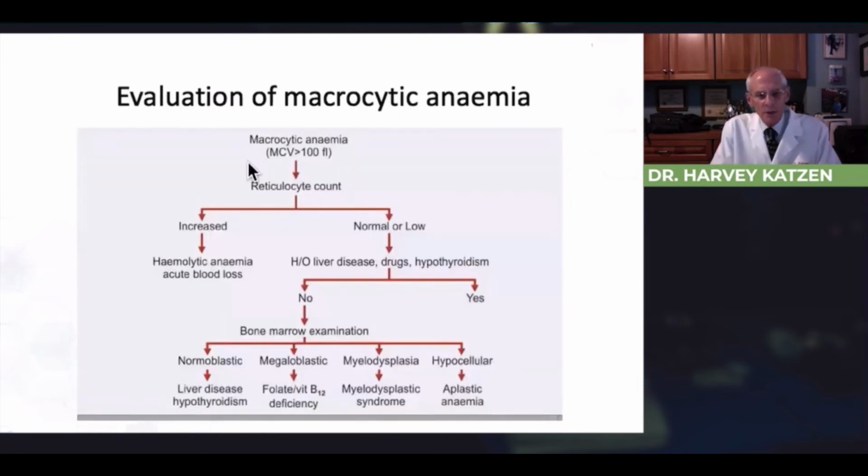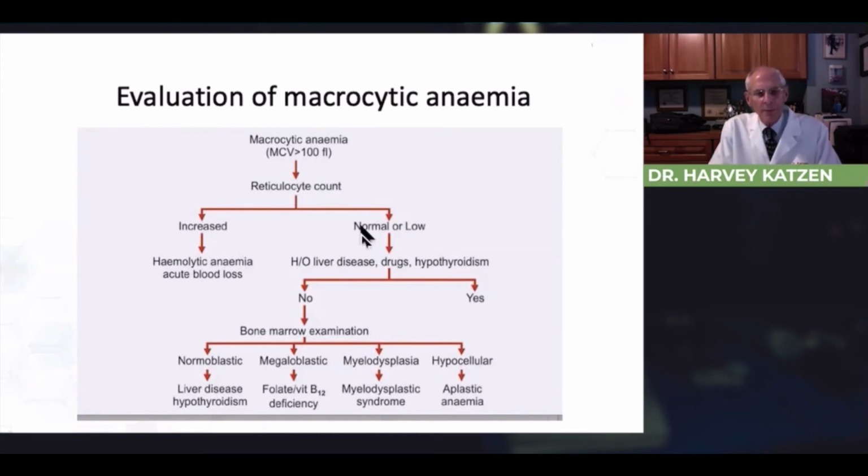So when we see a macrocytic anemia, we want to know, are you making a lot of young red blood cells, the reticulocyte count we talked about before, or are the reticulocytes normal or low? If the reticulocyte count is increased, it's very possible you're dealing with a hemolytic anemia and or a destructive anemia, and the reticulocyte count is elevated because it's trying to compensate.